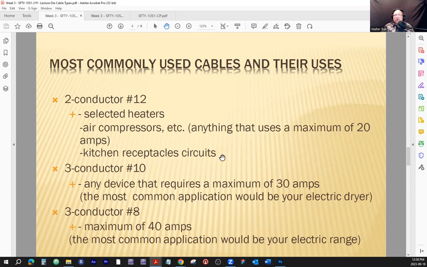Why do we need more amps for kitchen receptacles? The reasoning is that if you have a receptacle in the living room or a bedroom, what do you have plugged in there? A clock radio, a lamp, a TV. They might draw maybe 2 or 3 amps.